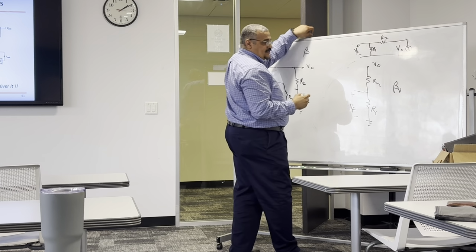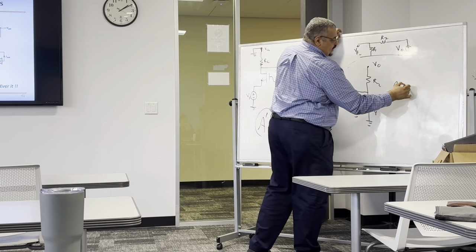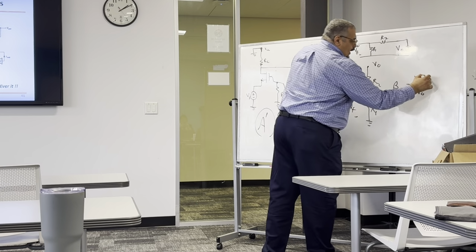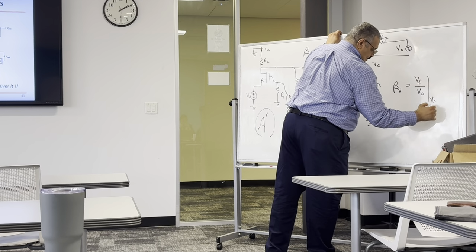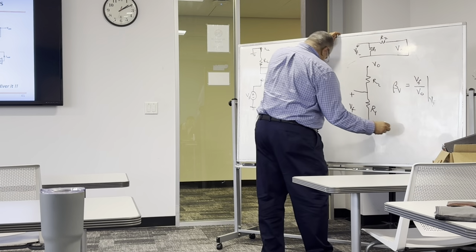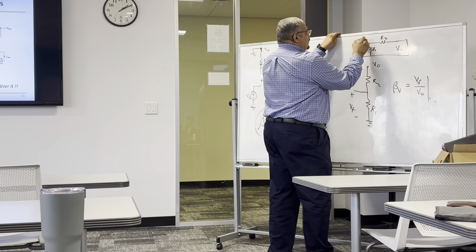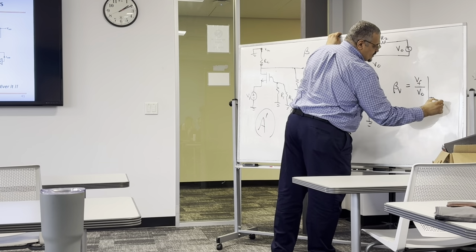So leave this open. Now, what's beta? It's going to be beta V in this case, because it has input voltage and output voltage. So it's going to be VF divided by V out, at the condition that, let's call it this current I2 or I1 or whatever, the condition is I2 is 0, okay?